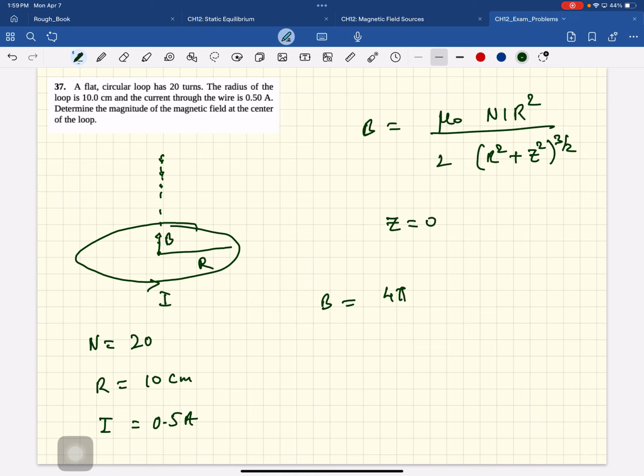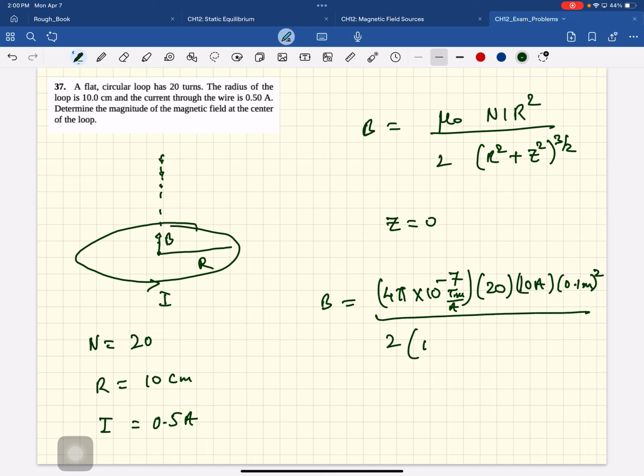4 pi times 10 to the minus 7. N is 20, I is 0.5 amps. R squared, R is 10 centimeters, 0.1 meters squared, over 2 times 0.1 squared to the power 3/2. So this is 0.1 cubed, that is 10 to the minus 3. That makes it 10 to the minus 4, and then 10 to the minus 6.